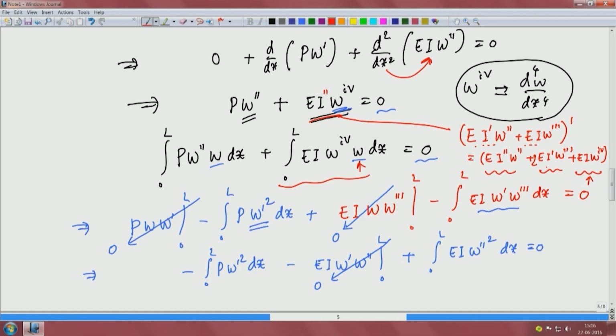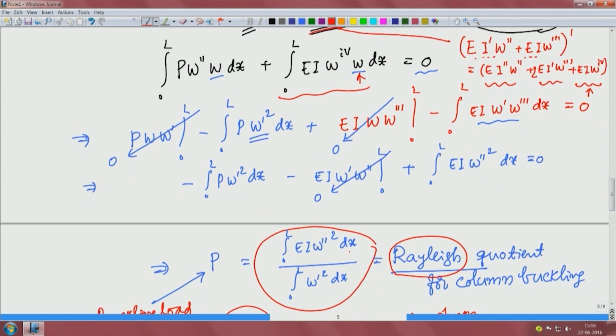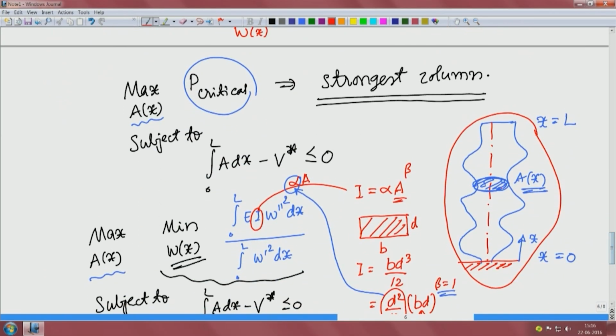Now when you put them back and do this integration by parts, you will get a Rayleigh quotient that has dependence on I as well. Then you will get the correct value for columns that have variable cross section, where it is more here, less here, and then becomes more or less and so forth, as it is changing.